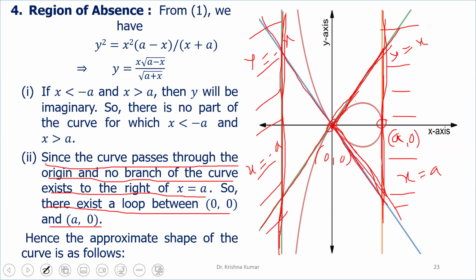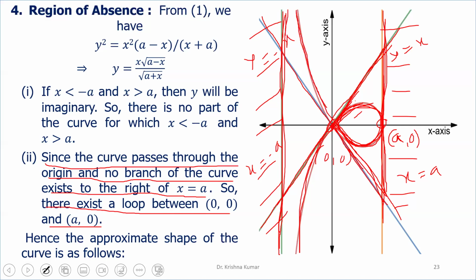So we have a curve like this. And if there is a closed loop, again this line will be tangent at this point. So we are getting a closed loop over here. And now this is tangent, and obviously this is also tangent. So this curve will go like this. Similarly, this branch of the curve will also go like this.